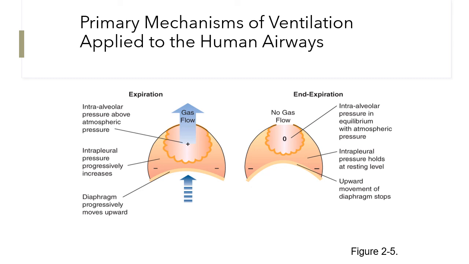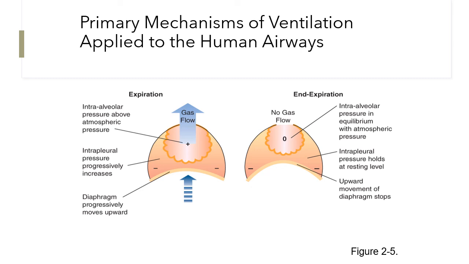During expiration, the diaphragm relaxes and moves upward, causing the size of the thoracic cavity to decrease, decreased volume. This action causes the pleural pressure to increase. Because the lung is composed of such a thin, elastic material, the increase in pleural pressure is transmitted to the inside of the alveoli, which in turn causes the intraalveolar pressure to rise.